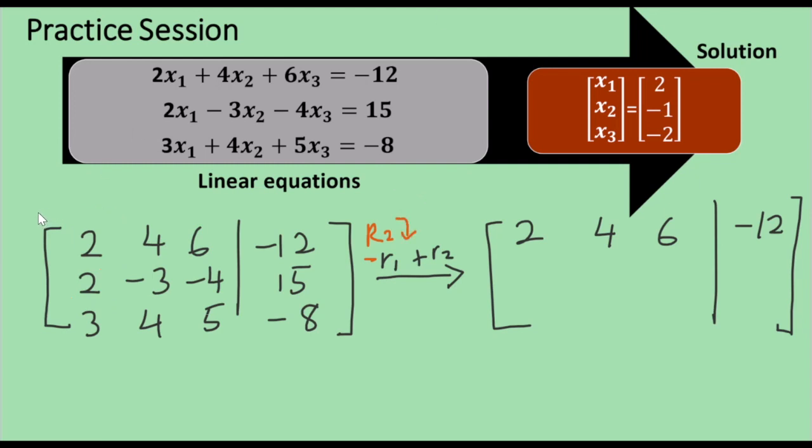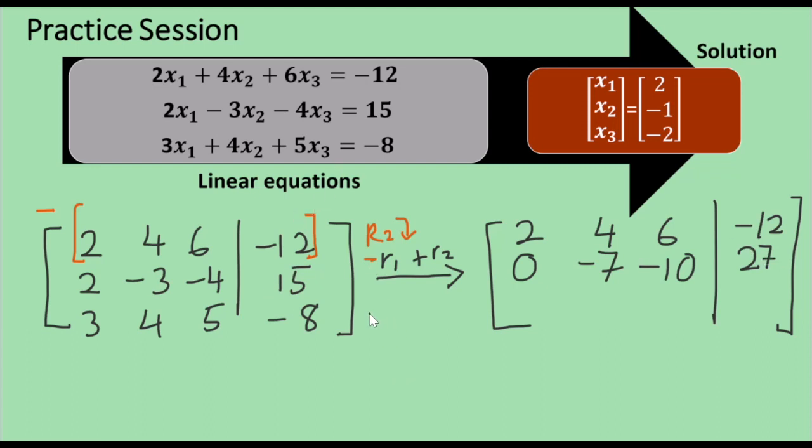So we have negative 1 multiplied by row 1. Negative 2 plus 2 would be 0. Negative 4 minus 3 would be negative 7. Negative 6 minus 4, negative 10. Positive 12 plus 15 gives us 27.